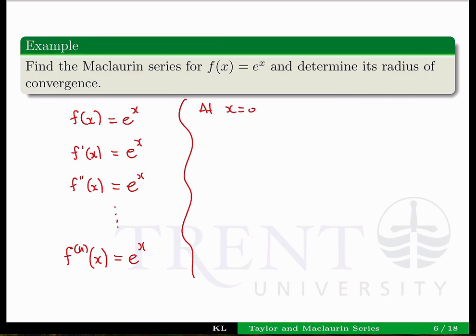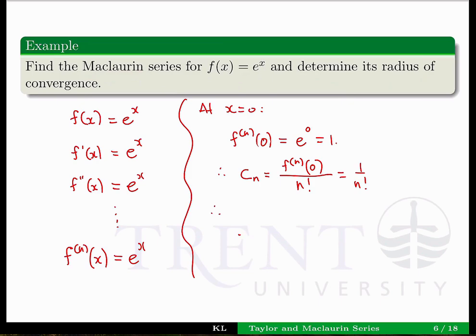At x equals 0, the nth derivative of f at 0 is equal to e to the 0, which is equal to 1. This means that our Cn, the nth derivative of f evaluated at 0 over n factorial, is equal to 1 over n factorial.